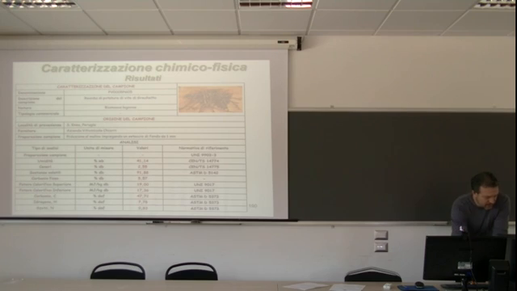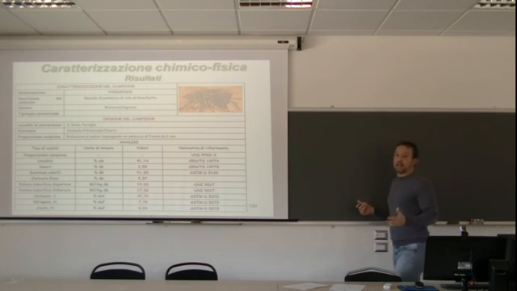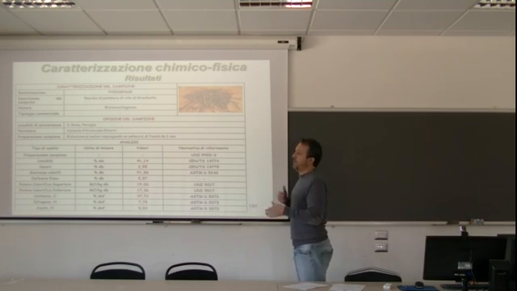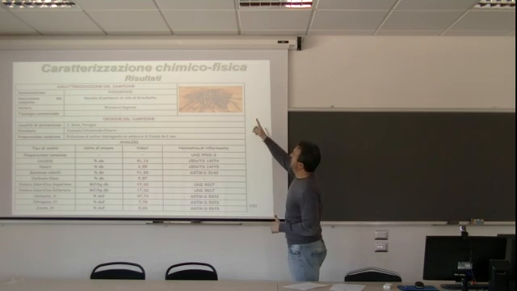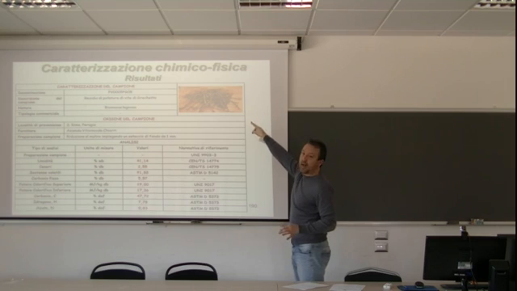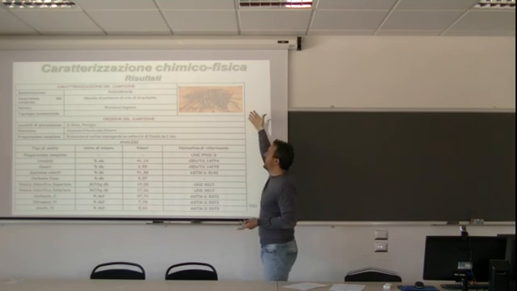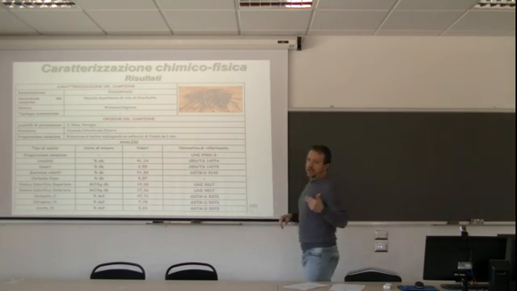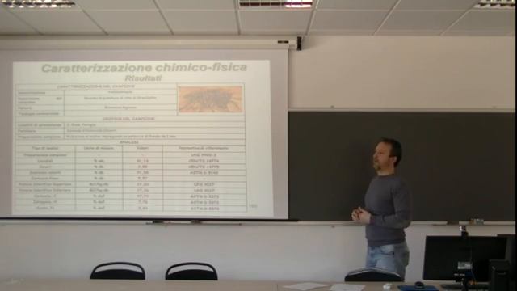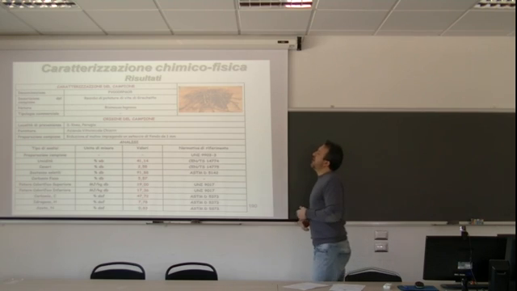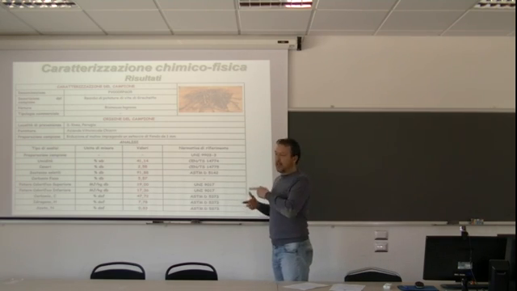Just to complete the chemical physical characterization, these are two complete analyses of two very different biomass. For example, this is 1 year pruning, so these are the prunings you collect during the maintenance of 1 year. And then we have a pellet sample.